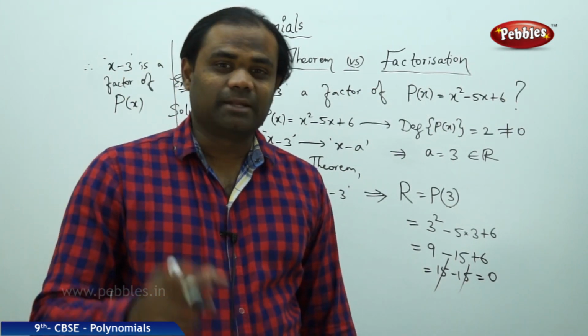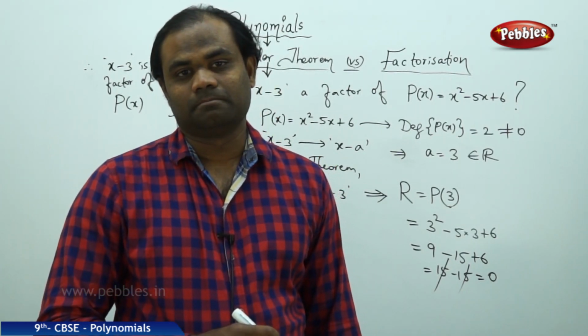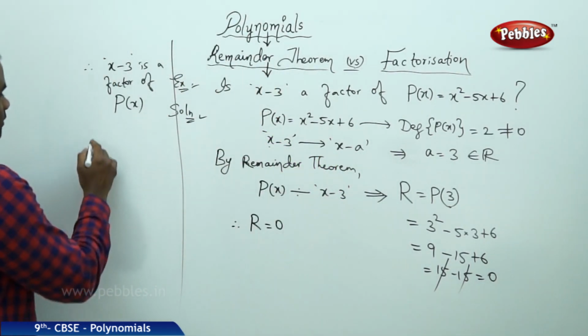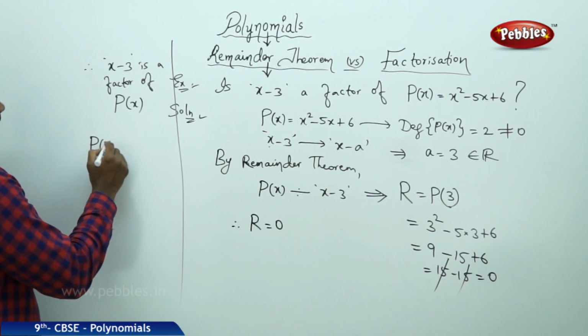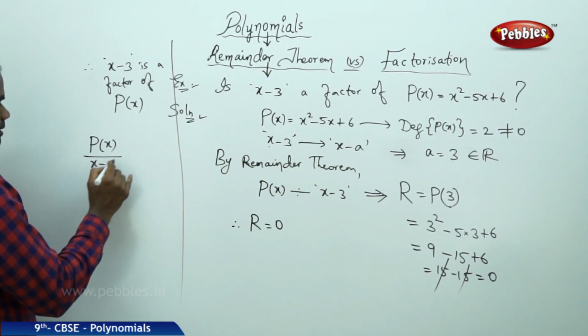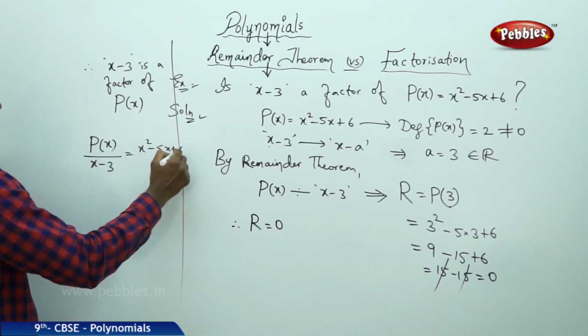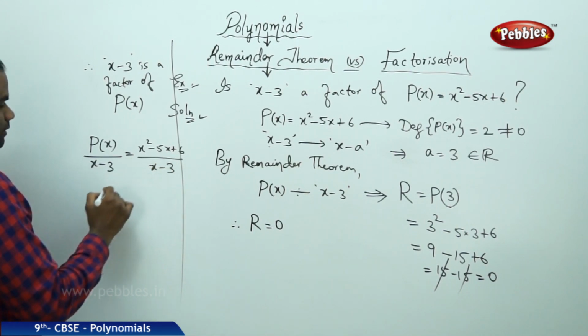The remainder theorem also helps in finding factors, and helps in finding the remainder. So let's see what the factors are for this given problem. When I have the polynomial p of x divided by x minus 3, I have p of x, which is x squared minus 5x plus 6, by x minus 3.